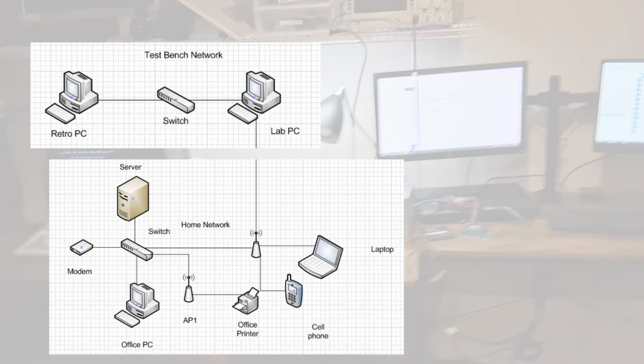So the networks themselves are disconnected, but the lab PC has two network cards and thus is a member of both networks. So I can use my lab PC to grab files from my server or my NAS and serve them to my retro computers, but the retro computers themselves are isolated from the internet and the rest of my devices. So here's what I need to do to make it work.